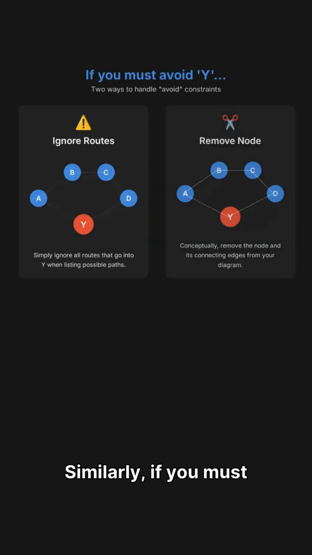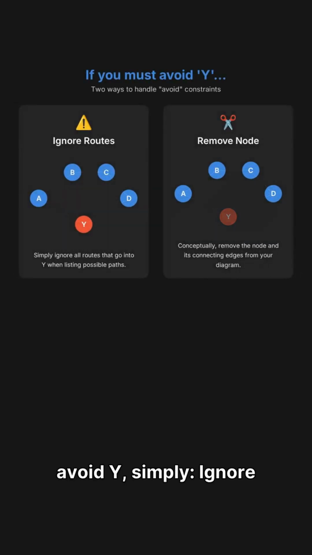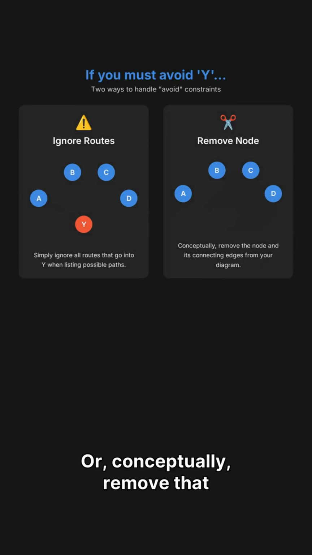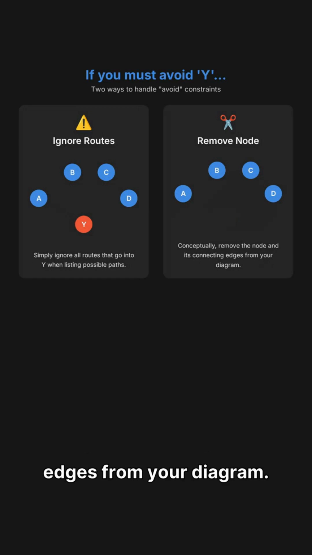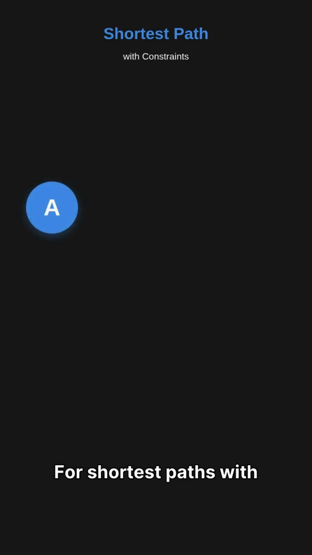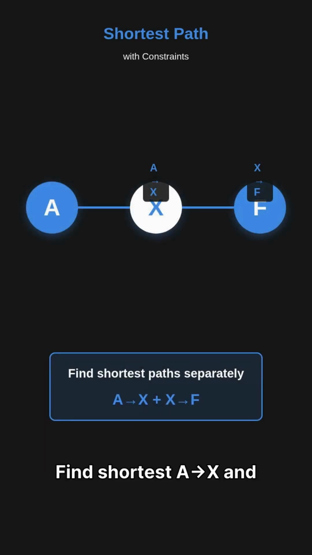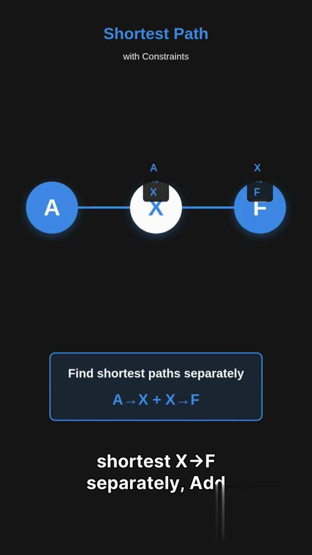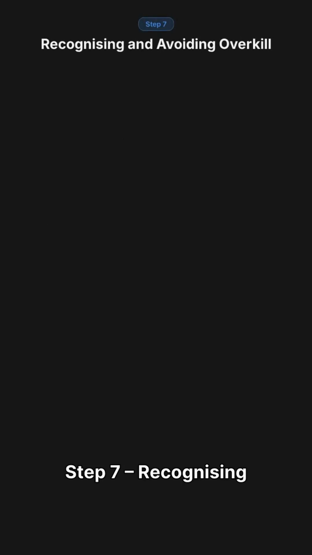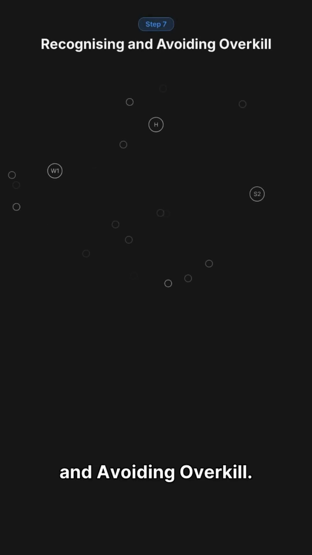Similarly, if you must avoid Y, simply ignore all routes that go into Y in your listing. Or, conceptually, remove that node and its connecting edges from your diagram. For shortest paths with must pass through X, find the shortest AX and the shortest XF separately. Add them.